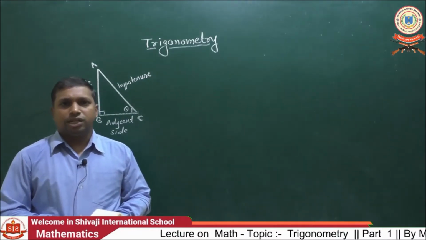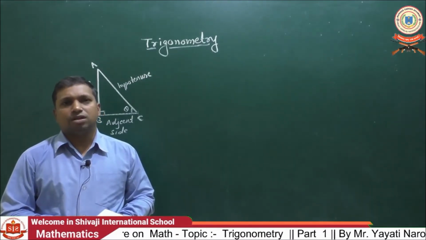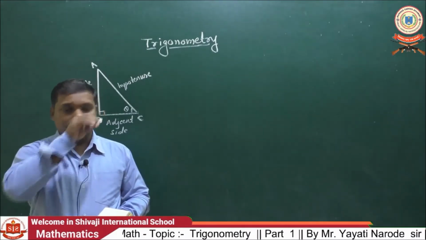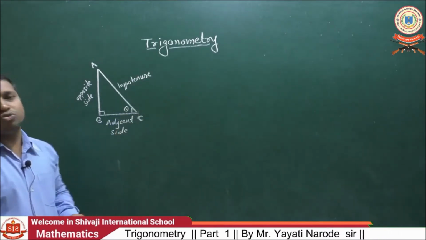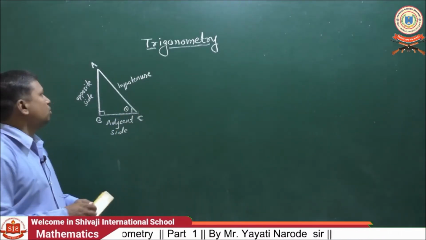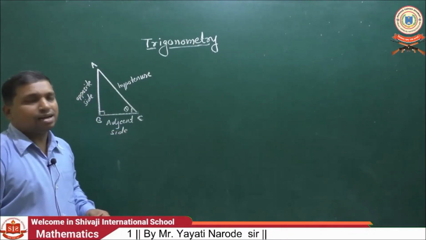Let us see some basic concepts of trigonometry. Trigonometry is used in the right angle triangle. So let us see here, triangle ABC is a right angle triangle.